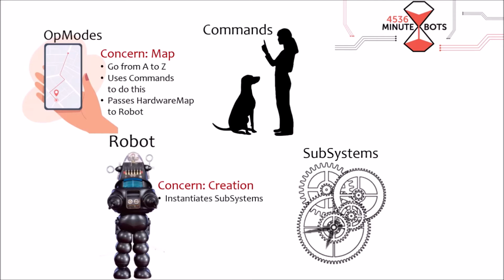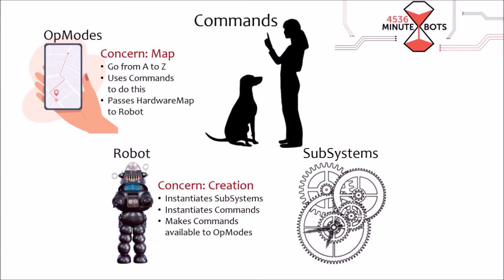So it's going to instantiate the subsystems and it's going to instantiate the commands. This means the OpMode doesn't need to do that. And then it will make these commands, remember OpModes only work with commands, available to the OpModes. So it's kind of the logistics coordinator. It creates, instantiates the subsystems and the commands, and then makes the commands available to the OpMode. So the OpMode doesn't have to worry about that.